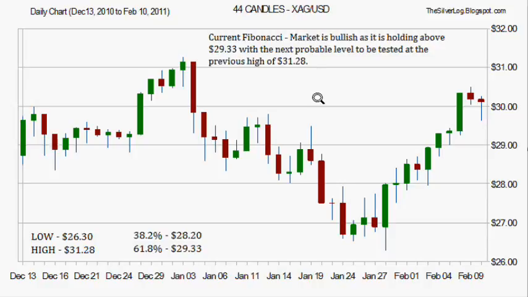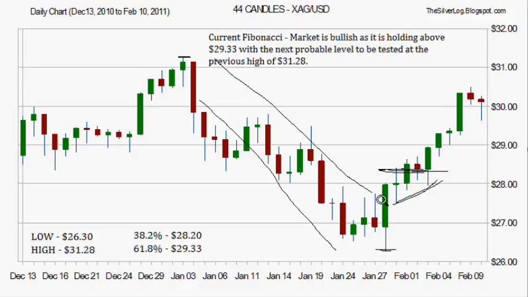Okay, so now as far as Fibonacci within the lows, we take a low of 26.30, which happens to be right in here, and the high of 31.28, which is in here. After we had this downtrend, it managed to come up to this 28.20 level, where it found some resistance for a little while. But what was strengthening was how it kept the upward trend.